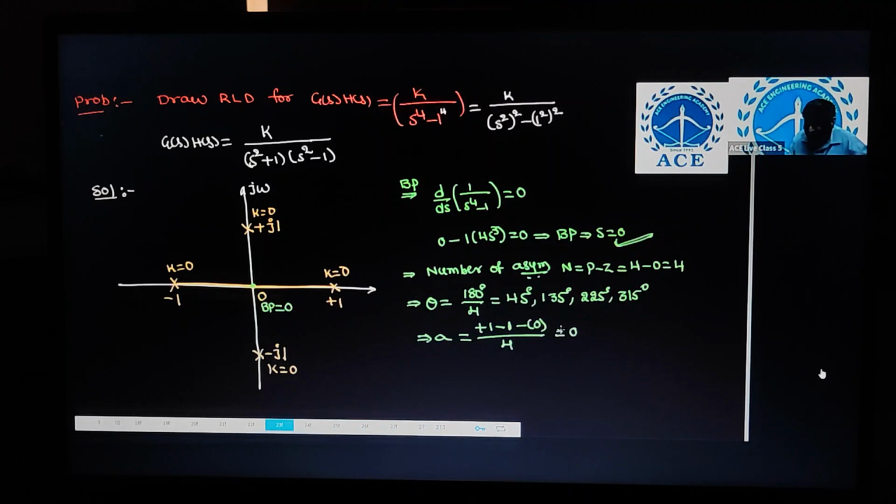Anything more you have to calculate? Angle of departure. All of you calculate the angle of departure.